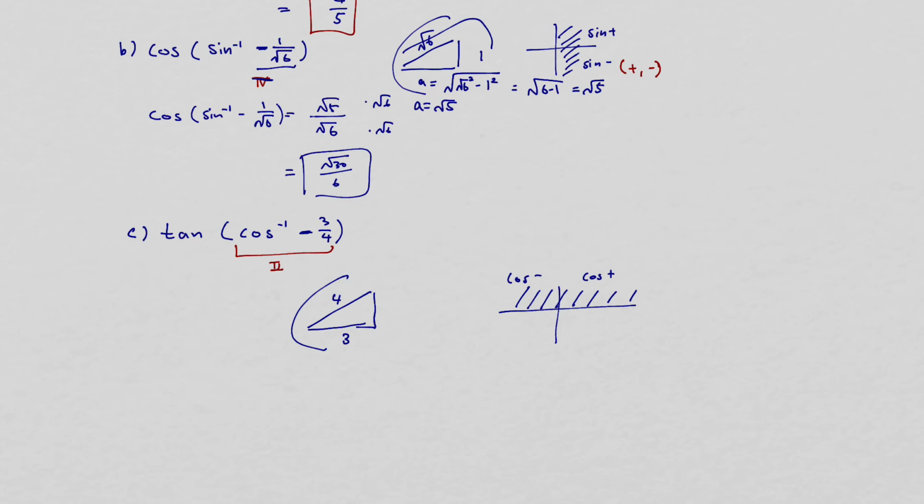So then let's find the b value. Your b value is going to be square root of 4 squared minus 3 squared, which is 16 minus 9. That's square root of 7.